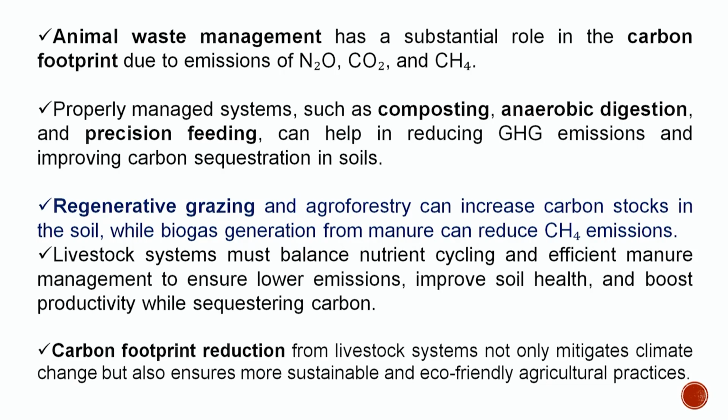Regenerative grazing and agroforestry can increase the carbon stock in the soil, while biogas generation from manure can reduce methane emissions. So, livestock systems must balance nutrient cycling and efficient manure management to ensure lower emission, improve soil health, and boost productivity while sequestering carbon.